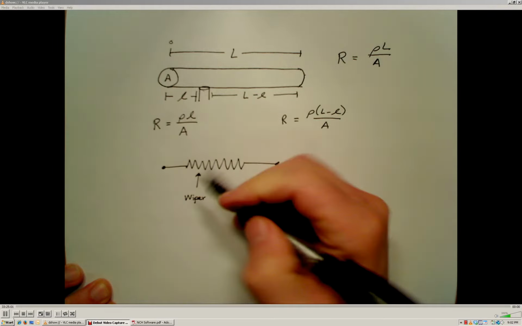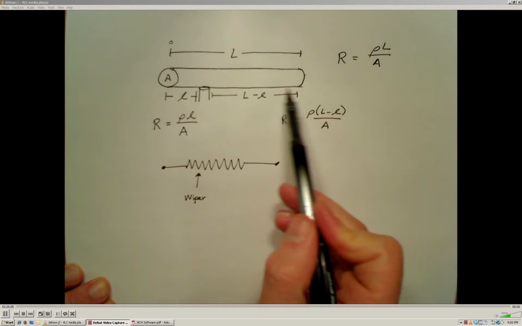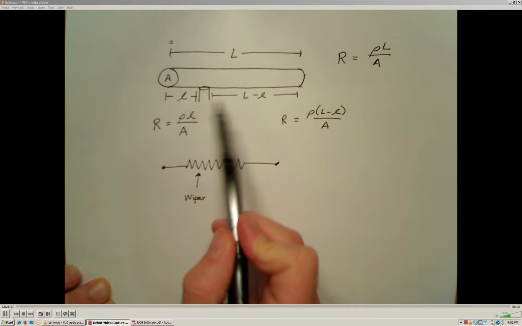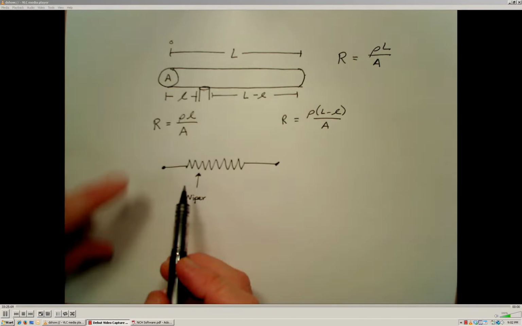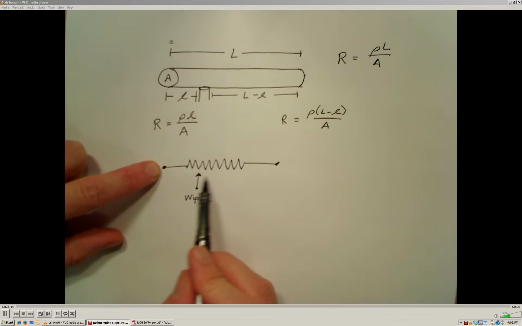This wiper terminal can be mechanically moved along the length of this resistive element so that this length is going to change. So if you measure the resistance between this end of the resistor and the wiper, depending upon where this wiper is physically located along the resistive element, you will get a different resistance reading.